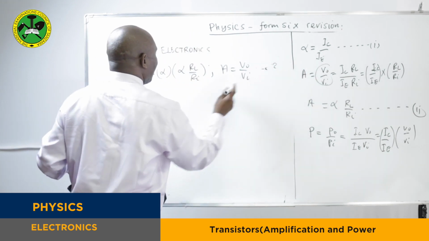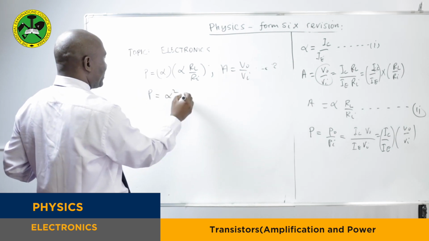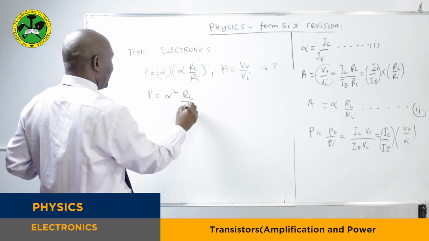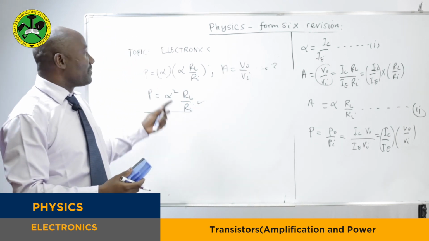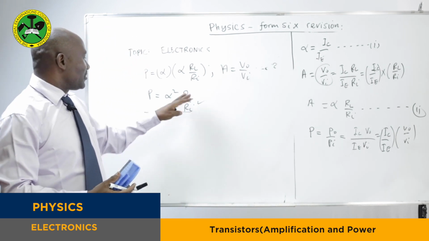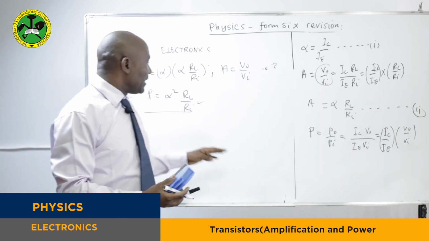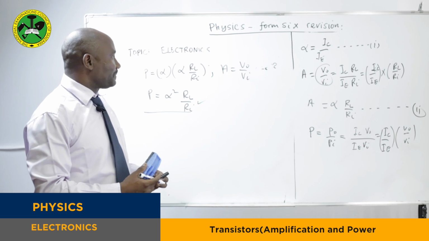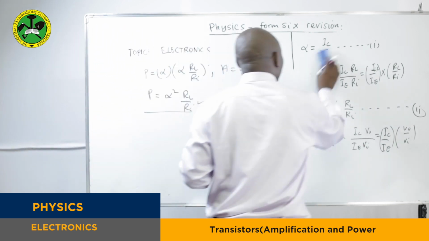So from there, you can have that power gain equals current gain squared times RL over RI. Depending on the nature of the transistor you have, either common base or common emitter, you can find the expression for the current gain, voltage gain, and the power gain. But in today's discussion, we base on the common emitter.